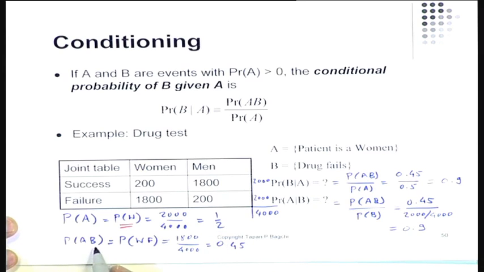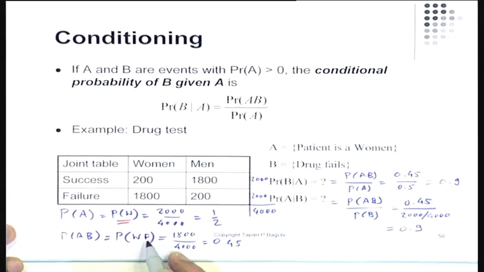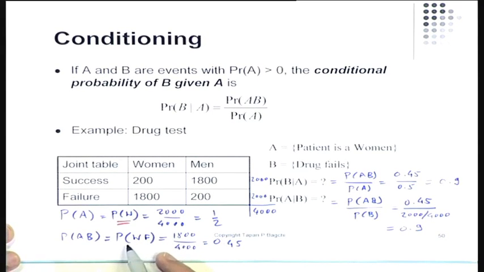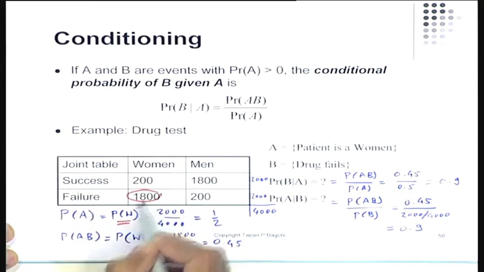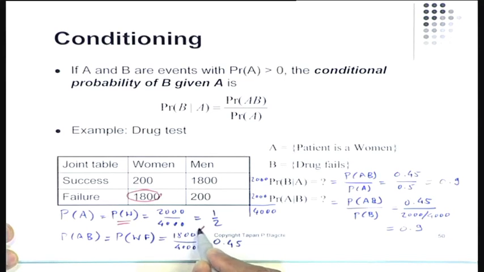What about P(AB)? P(AB) is when the drug fails when a woman is using it. And that is this cell here. This is the cell where I've got women using the drug and the drug failing. So that 1800 number I put there. And I have 1800 divided by 4000.